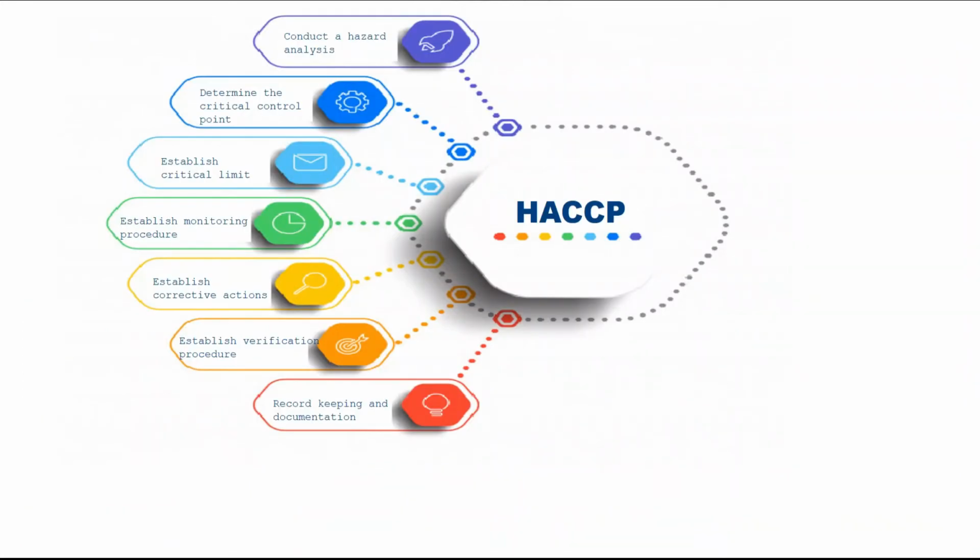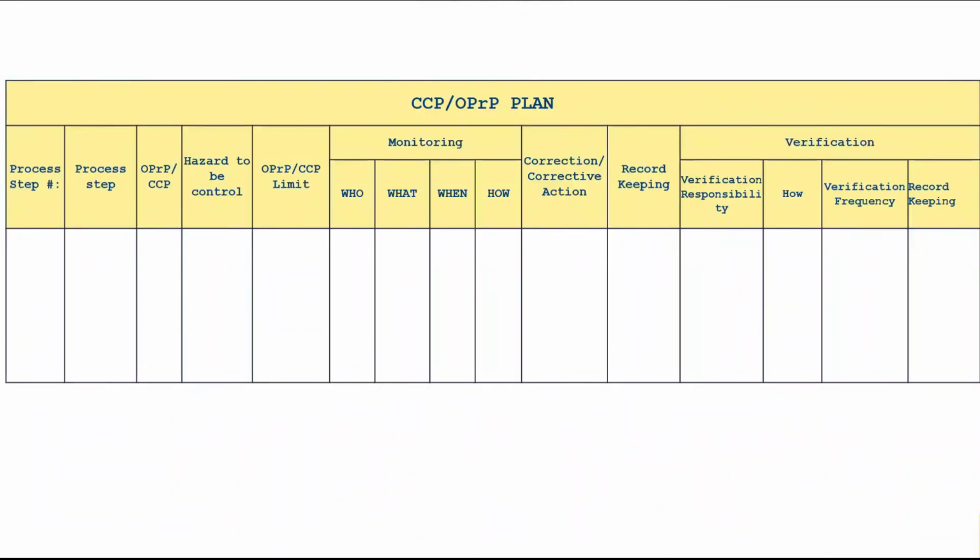Once you have determined the CCPs and OPRPs, you need to make a control plan against them. Till now we have completed the determination of critical control points. The next step is critical limits, which we will cover in our action plan. To cover the rest of the points, I made this very summarized and brief template in which we will cover the CCP OPRP limit. Second is the monitoring procedure.